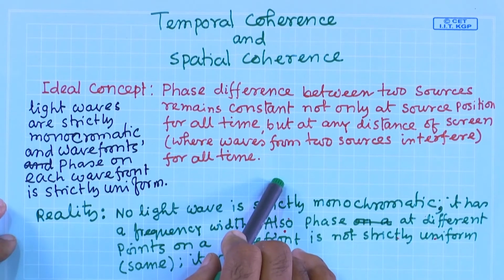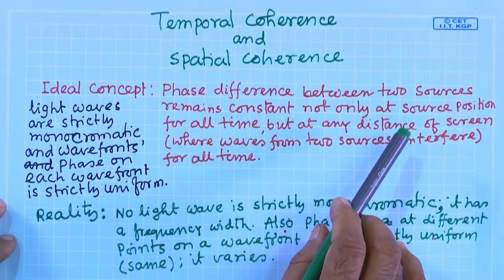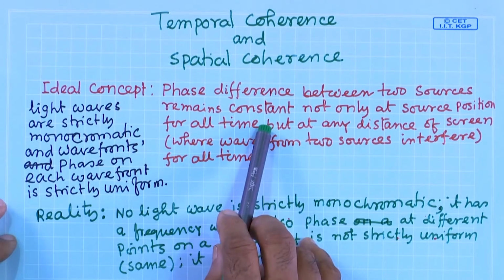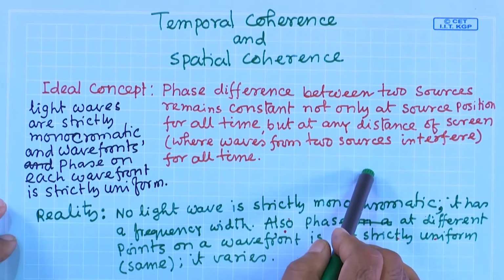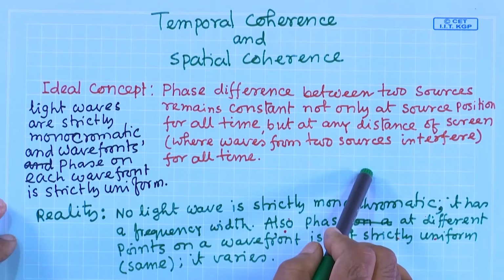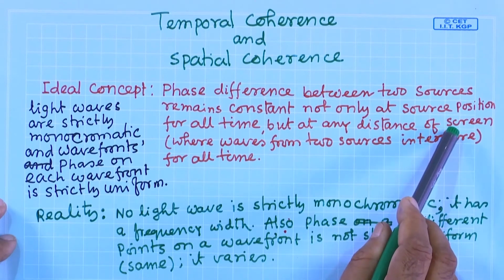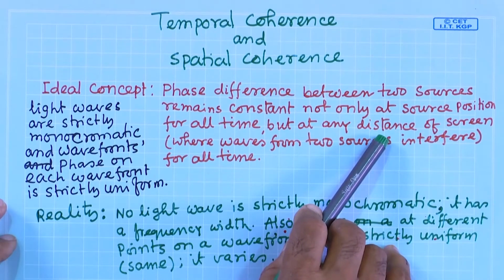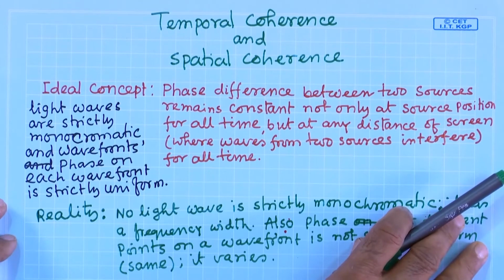So, the phase difference is constant not only at the source position, but it has to be at a point on the screen at any distance, for all time.